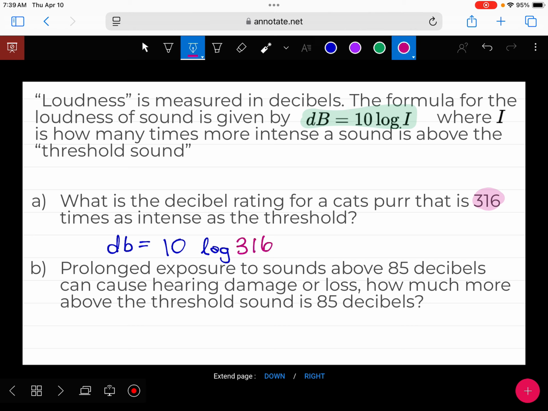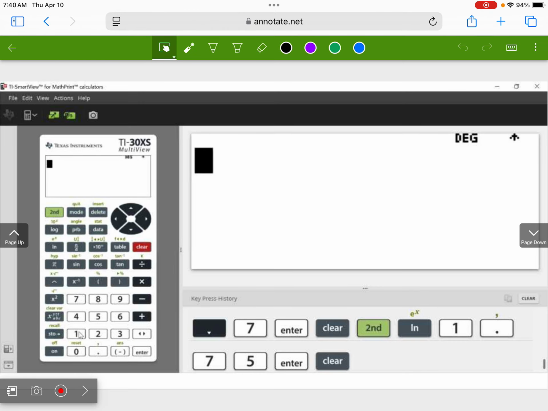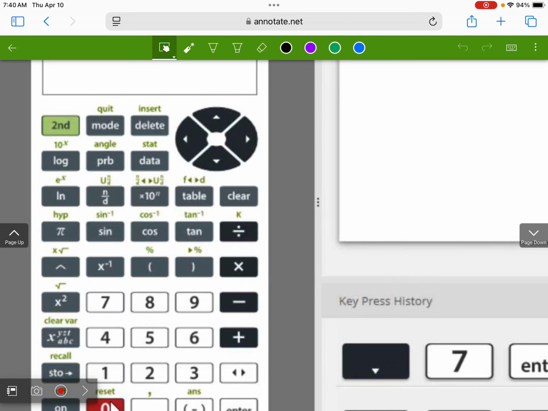How can I figure out what that is as a number? We can put it in the calculator. We don't even have to do anything to it. Those are all buttons on the calculator. 10 log of 316.